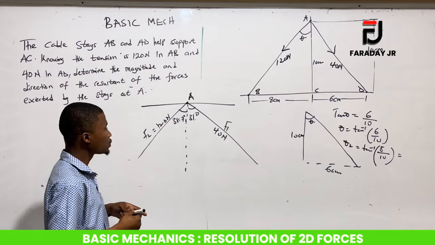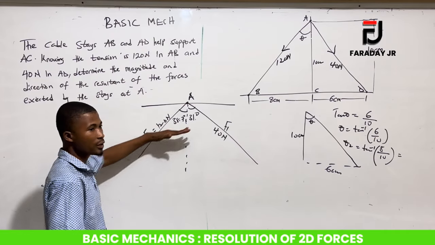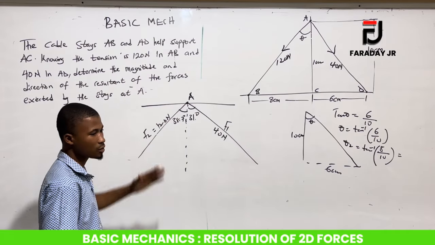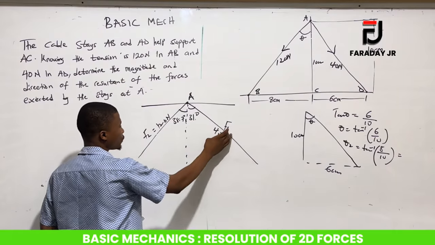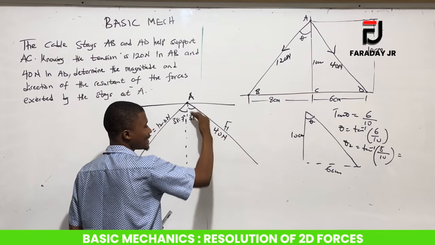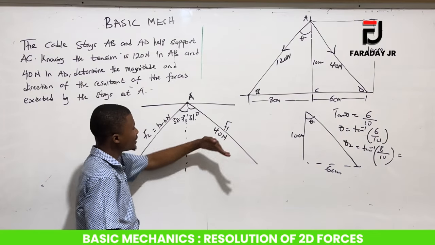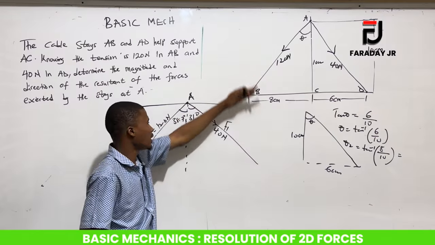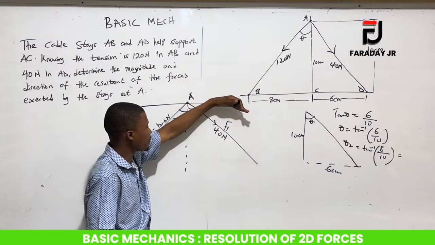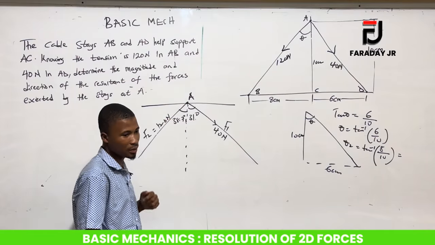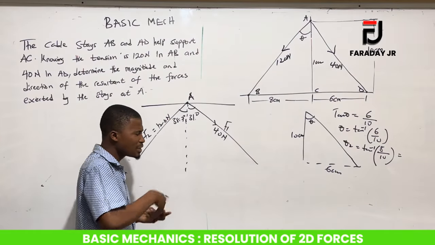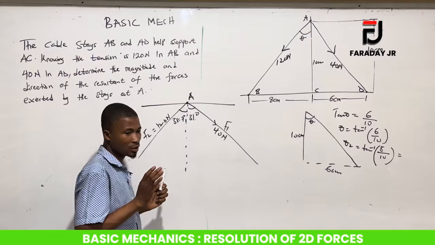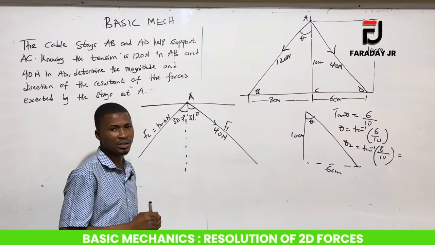The next thing we do is to resolve each force individually into the x and y planes. Because the force is acting at an incline, we are going to look at the component this tension makes with the x plane, and similarly the component it makes with the y plane. I said clearly that anytime it is moving down, you assume it is negative, and if it is moving up, it's positive.